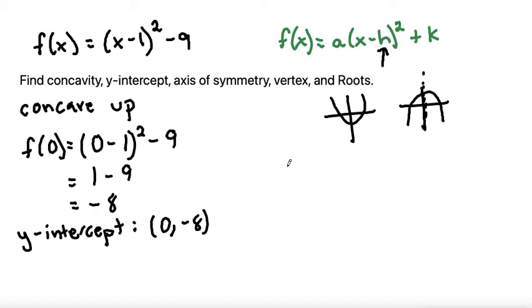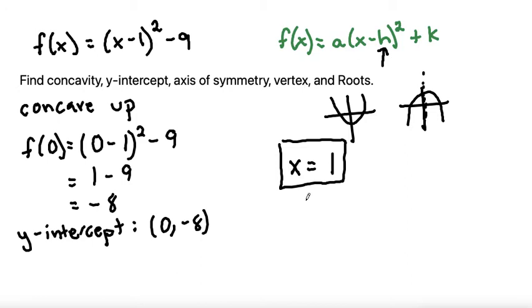So that means that our axis of symmetry is the line x is equal to 1. And notice it's a positive 1 for h because the formula is x minus h. So if we're plugging in a positive 1, that would make x minus 1. If we plugged in a negative 1, two negatives make a positive, and so it would be x plus 1. So just a little note there. So this is our axis of symmetry, x is equal to 1.